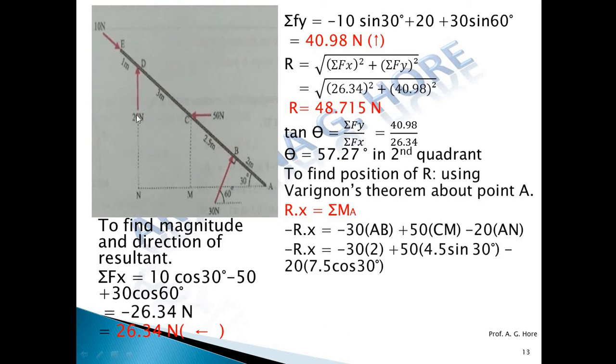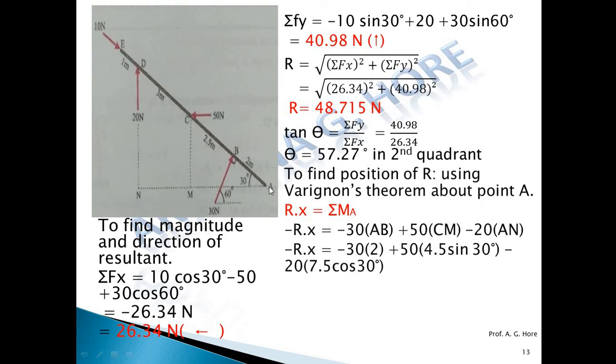Correct. Now for the next force, the 20 Newton force, An is the perpendicular distance. Now consider this big triangle, AND. Here the hypotenuse is 3 plus 2.5 plus 2, and we want to find the theta's adjacent side.